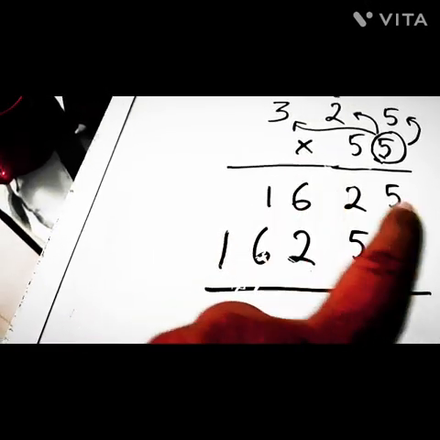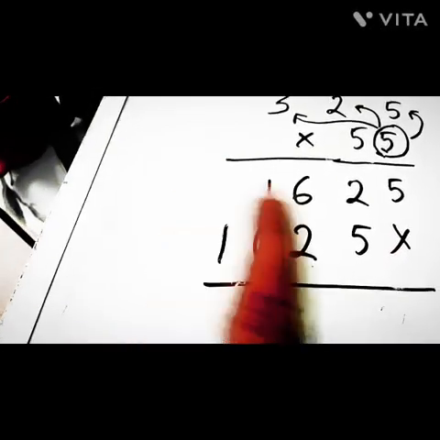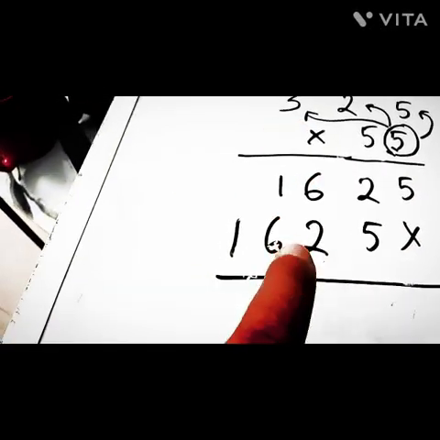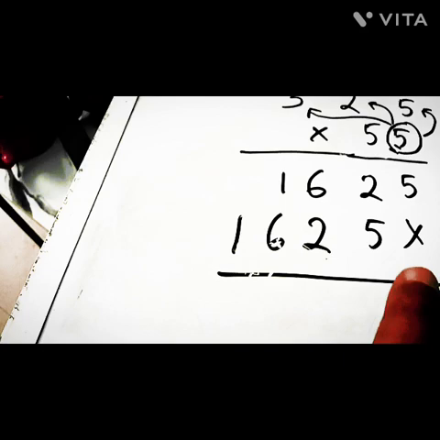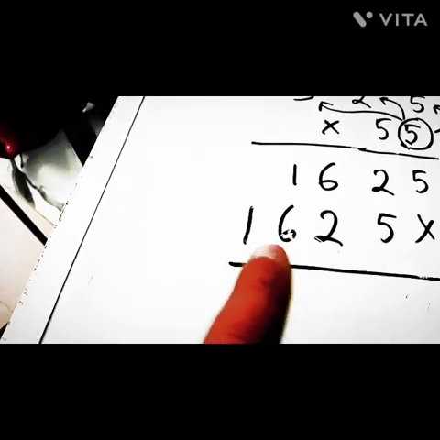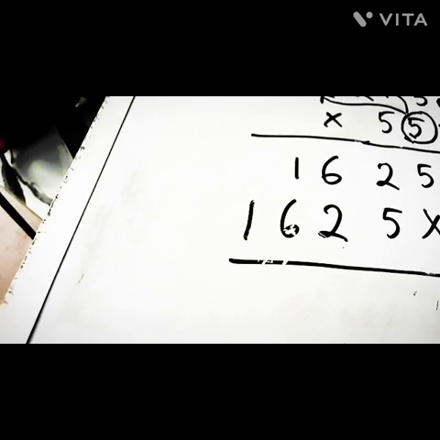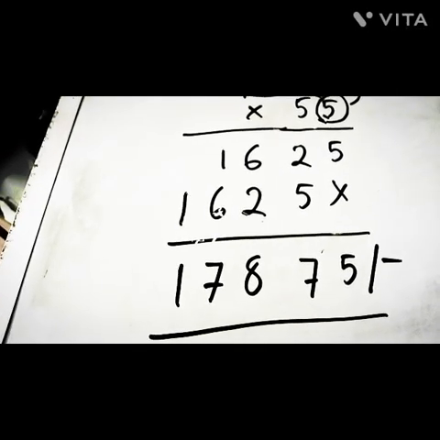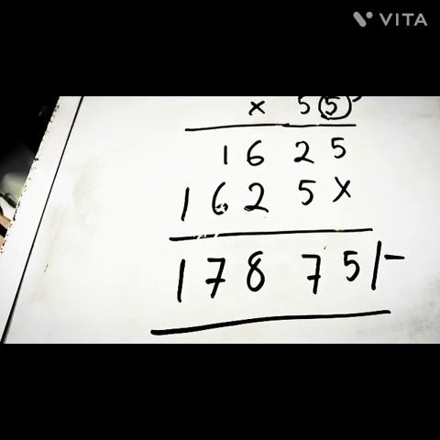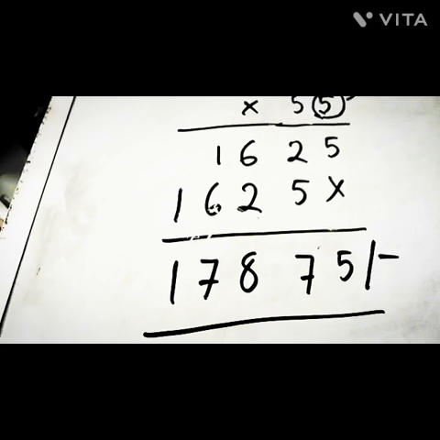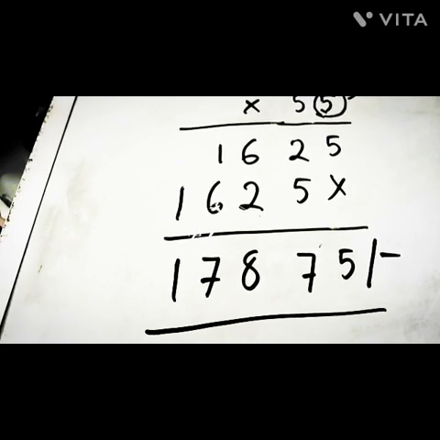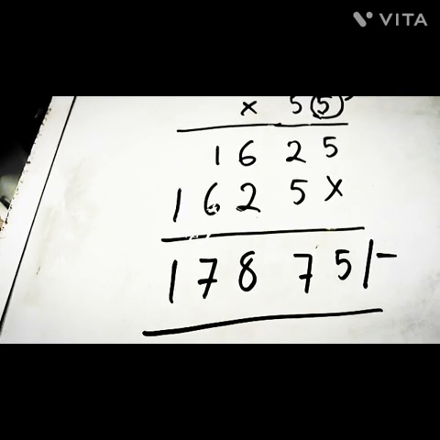So this way we do the multiplication and then we add the columns. 5 plus 0, 2 plus 5, 6 plus 2, 6 plus 1 and 1. That will give the final result. So the final result is 17,875. This is in rupees, and this is the amount which is needed to build up the garden.